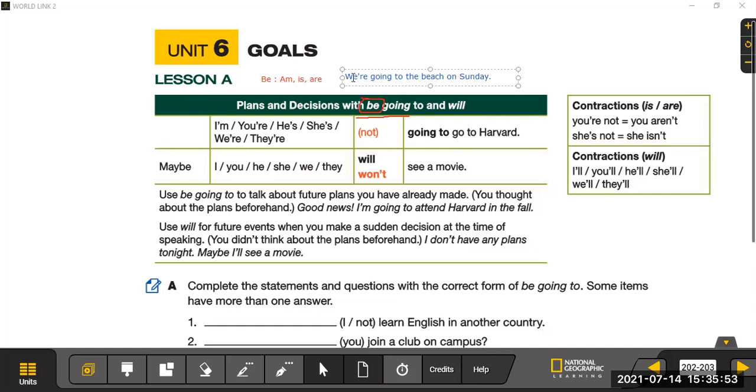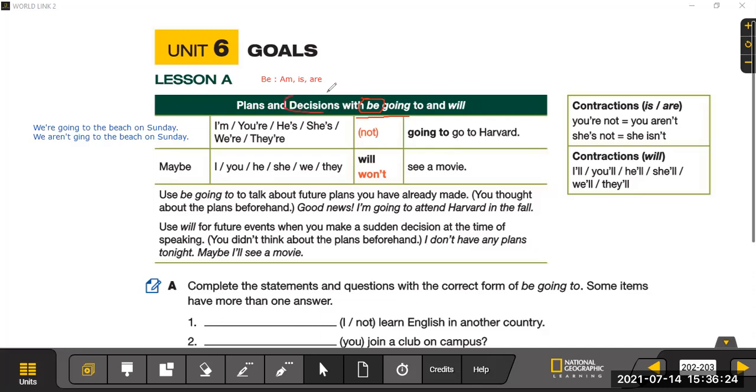Positive. As you see, I am using the contraction, we're going to the beach on Sunday. Negative, we aren't going to the beach on Sunday. This is simple as that. In that case, we are talking about plans. Then we have decisions.